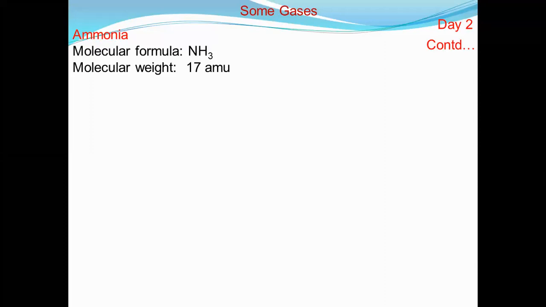Nitrogen atomic weight is 14 because there are 7 protons and 7 neutrons, and hydrogen atomic weight is 1. There are 3 hydrogen atoms, so 3 into 1 is 3, and nitrogen has atomic weight 14, so 14 plus 3 gives you 17.